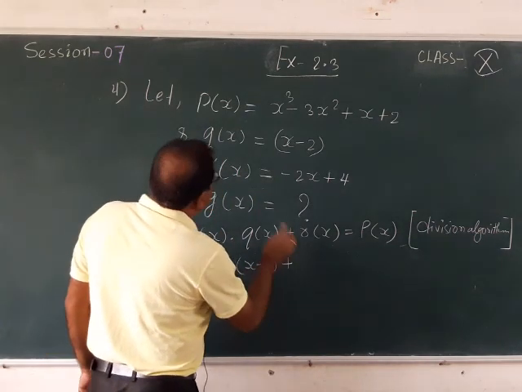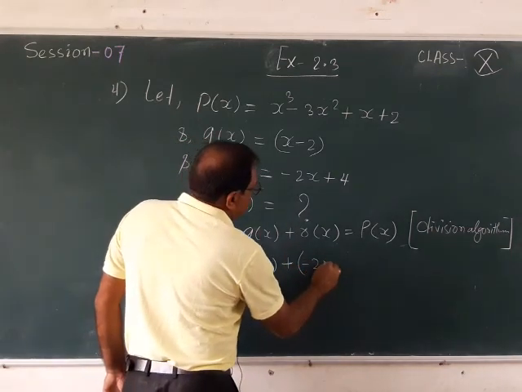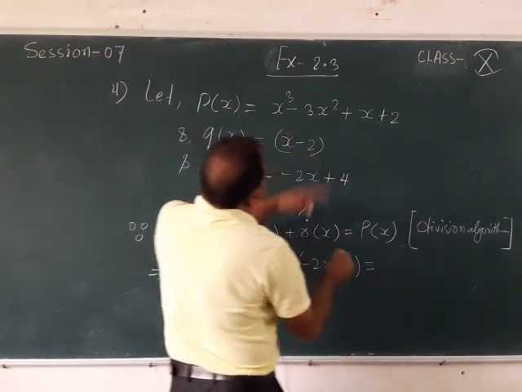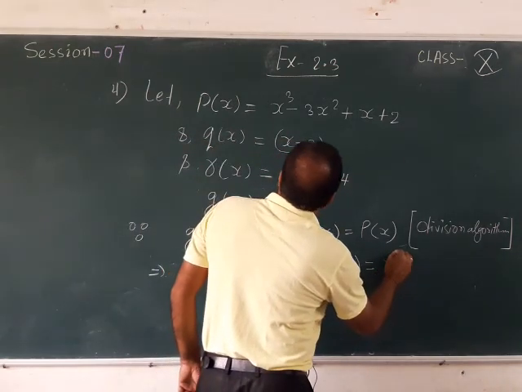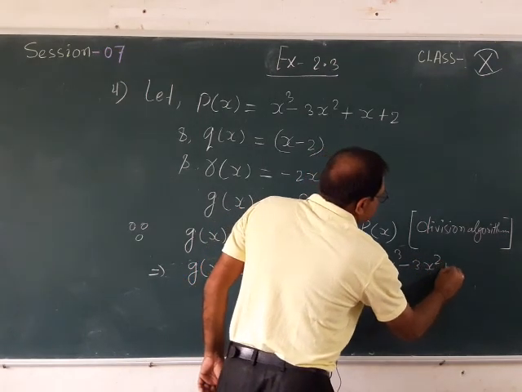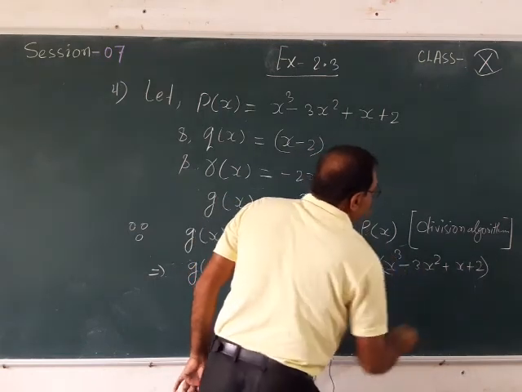Then I am writing r(x), which is minus 2x plus 4, and here p(x) is given, that is x cube minus 3x square plus x plus 2. This is your p(x).